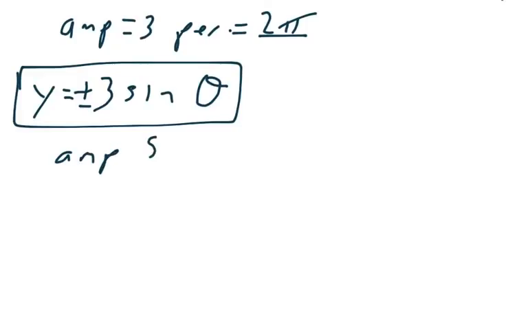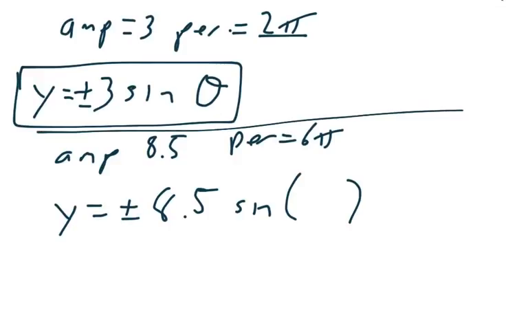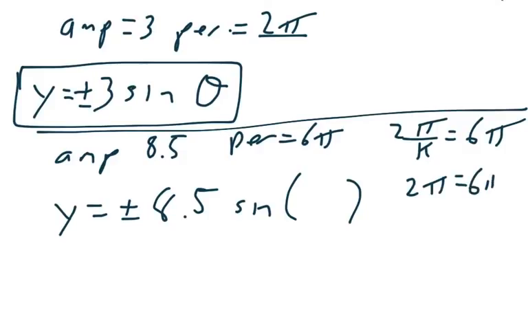Let's see what happens when we have an amplitude of 8.5 and a period of 6 pi. So the plus or minus 8.5 sine. This time we have to do a little bit of work. So 2 pi over k equals 6 pi. So 2 pi equals 6 pi k.